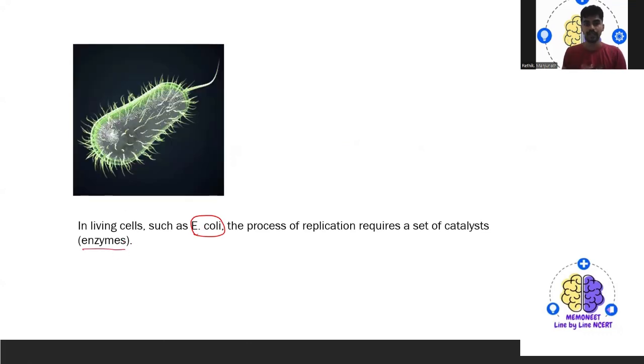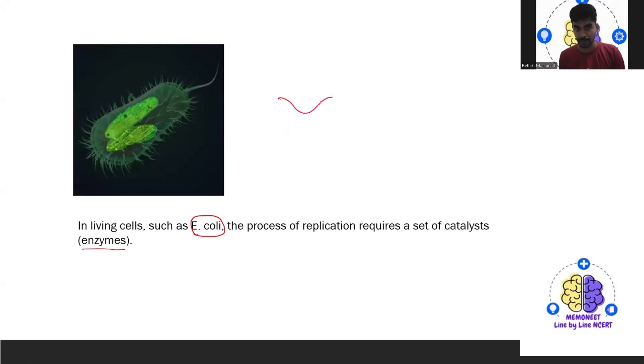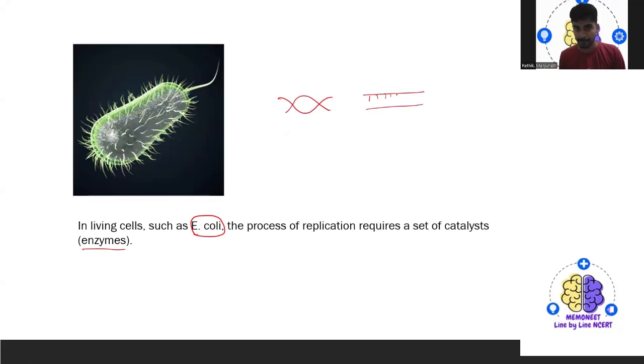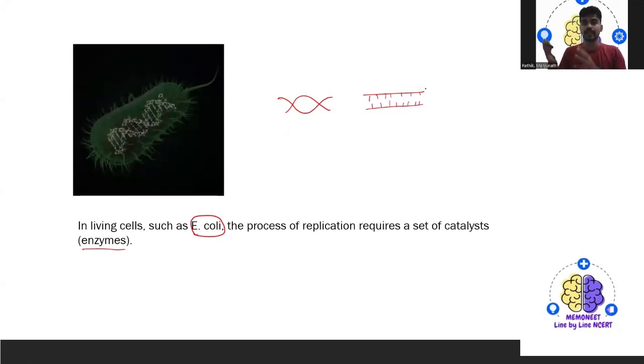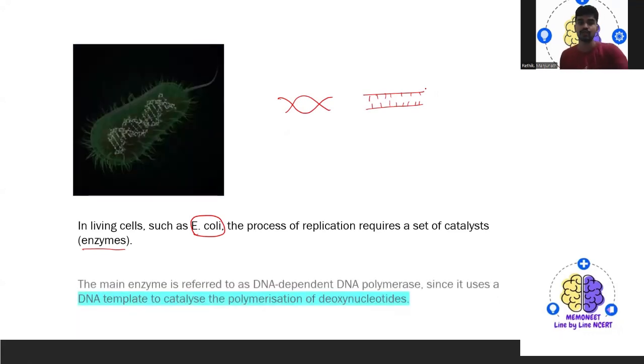So we know what replication means in the sense of DNA. DNA is double helix in structure, so obviously it will be in this way. This double-stranded DNA will get replicated. During the replication, it requires a catalyst, a kind of enzyme, which will make this replication process very smooth.